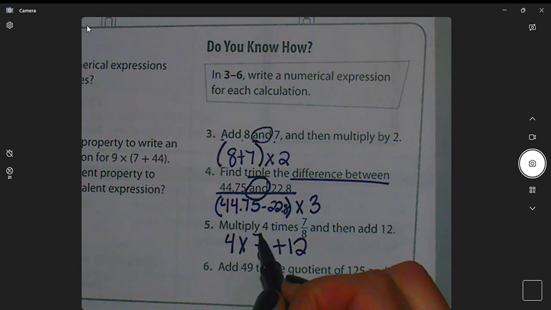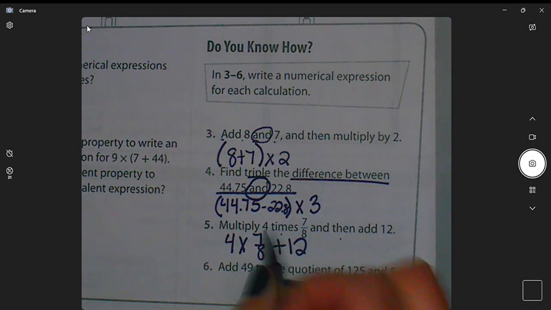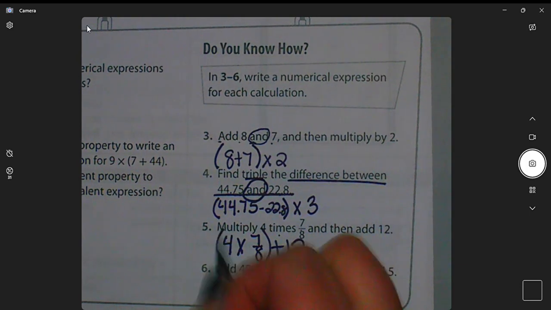Multiply 4 times 7/8 and then add 12. Am I done? I could be, because even if I use the order of operations, I still have to multiply first. But if I want to show grouping to say this is my first step, I can put parentheses.